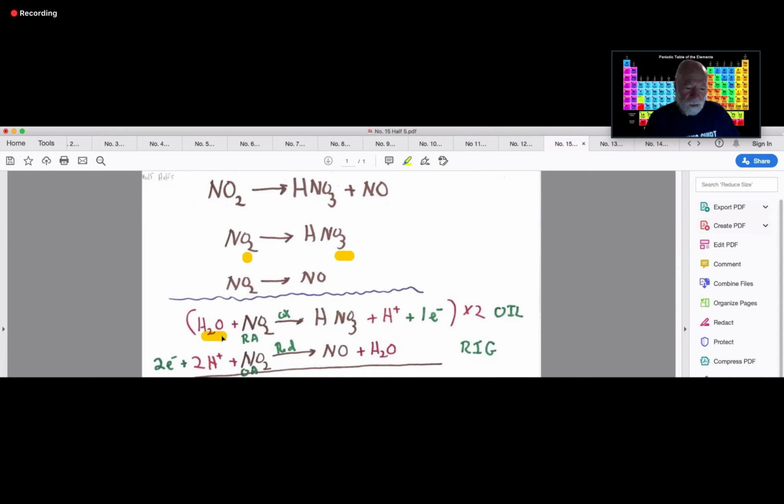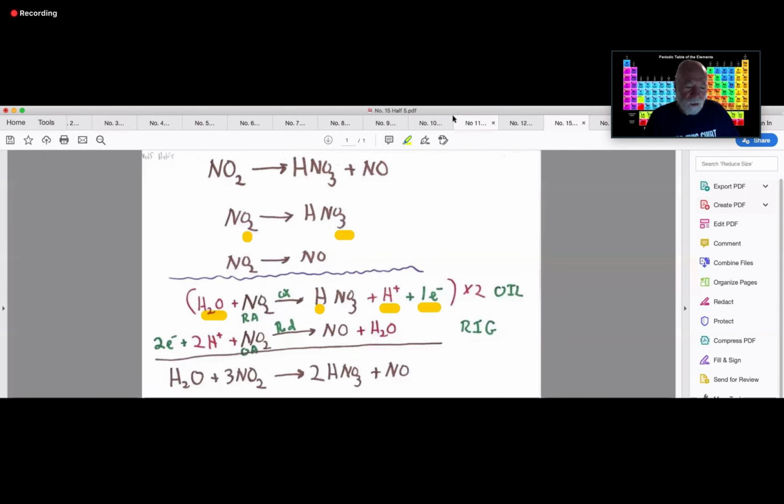How about the hydrogen balance? We have 2 hydrogens on the left, none on the right. Oh, I'm sorry, we have 1 on the right, so we need 1 more, so that's a job for hydrogen ions. While we're at it, we might as well balance this one by charge. Notice there's no charge on the left. We get a +1 from the hydrogen, so therefore we're going to have 1 electron here to make it balanced by charge. So always add electrons to the more positive side.